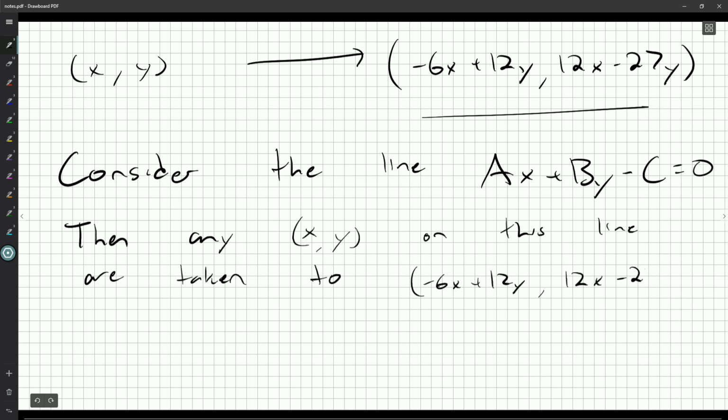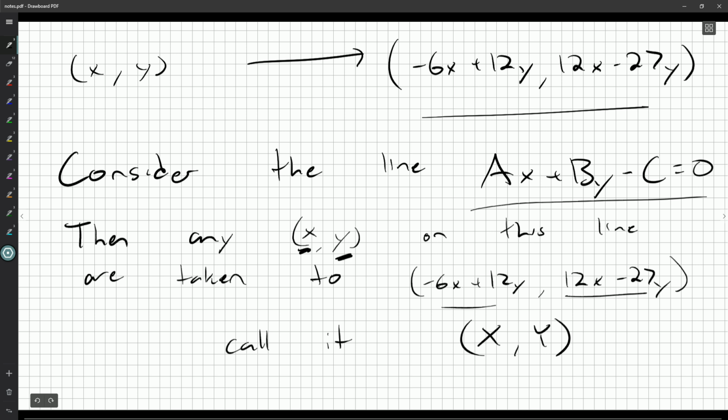And so I'm going to have to try and find a way to use a, b, and c, because the only thing I know about x, y is it must satisfy this equation. So I'm going to call it capital X, capital Y in there. Now, the only thing I know is x and y and how they're related. So it would be really nice if I could use these two in a nice linear way to get back to x.